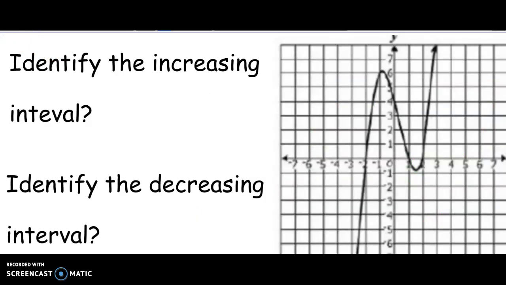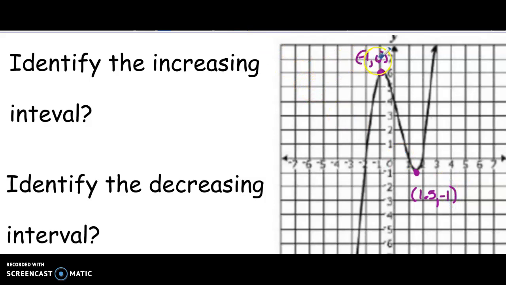For this one, again, let's identify some key points. Here's a turning point here. We would call this a relative maximum, and that's going to be at -1, 6. This we would call a relative minimum, and I'm going to call it 1.5, -1.